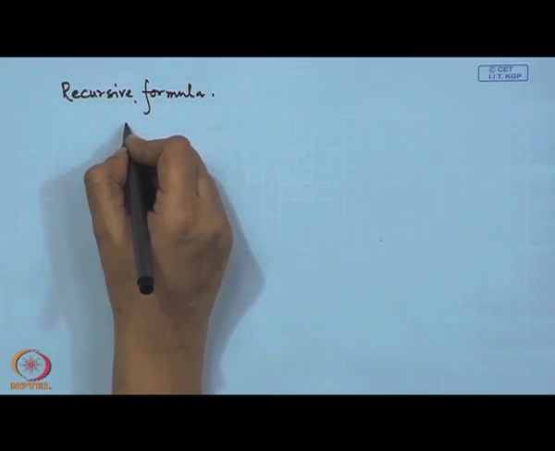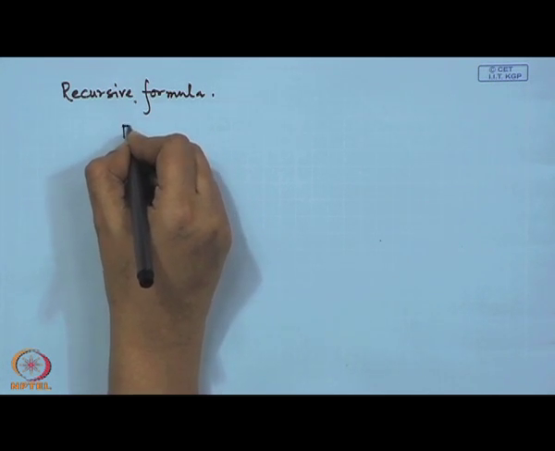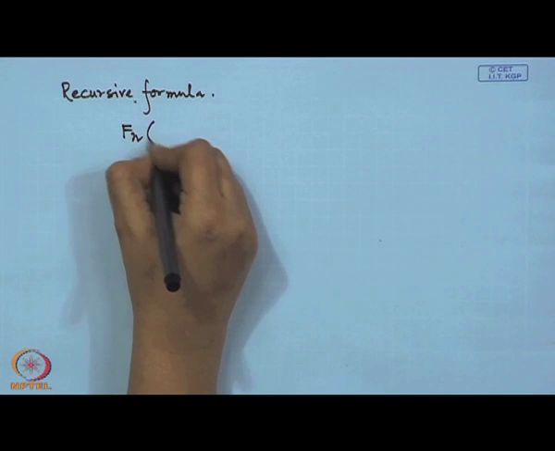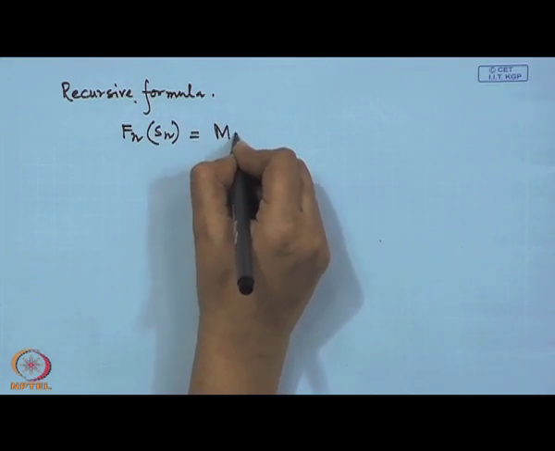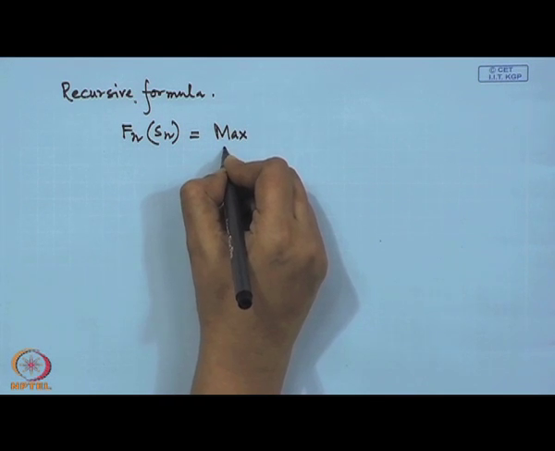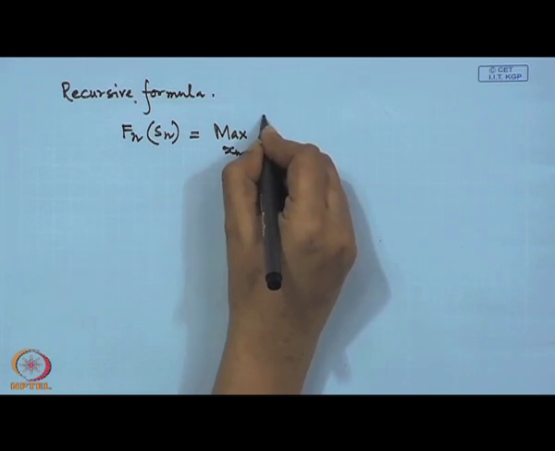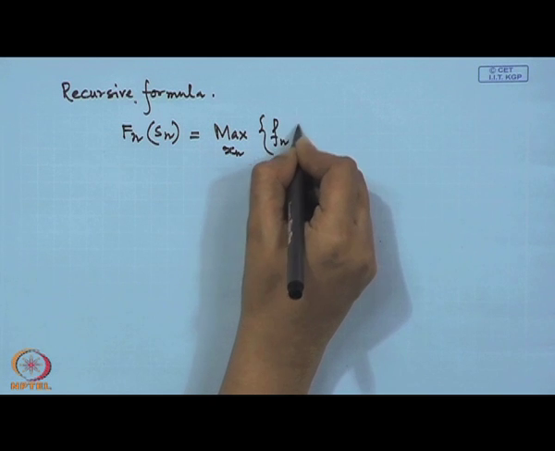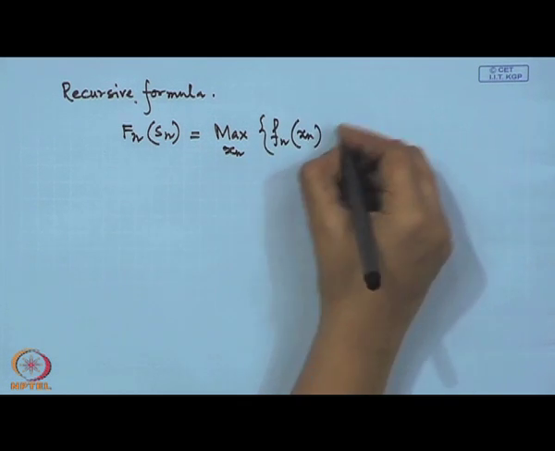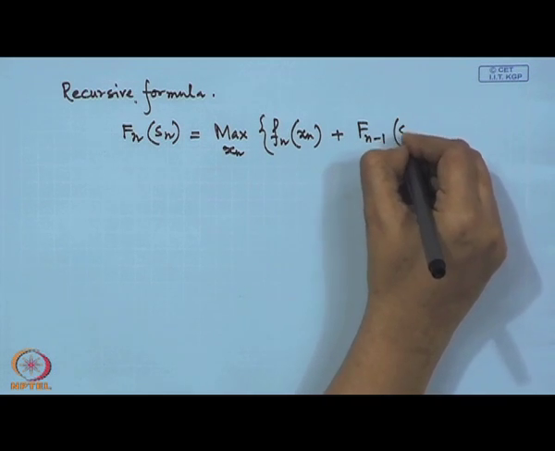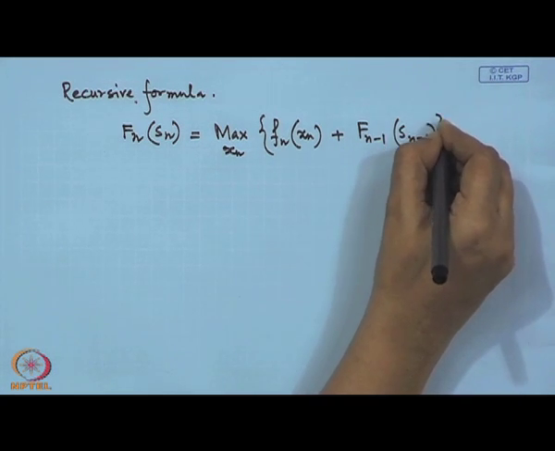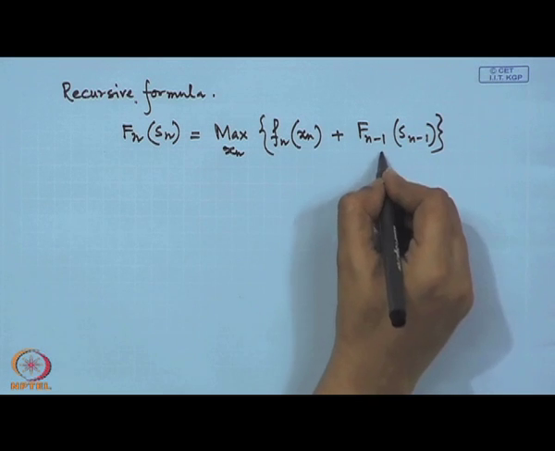That means the return from the nth stage is equal to the maximization of fn xn plus fn minus 1 sn minus 1. That is the optimal solution. This is known to us.